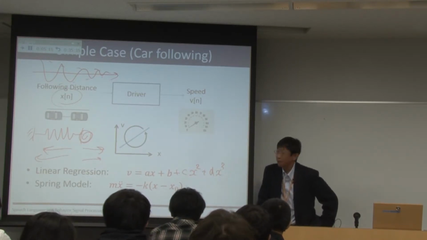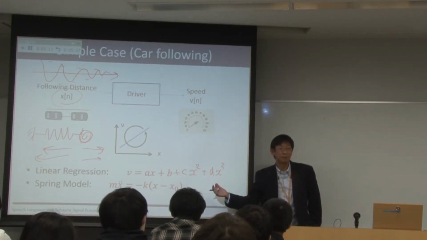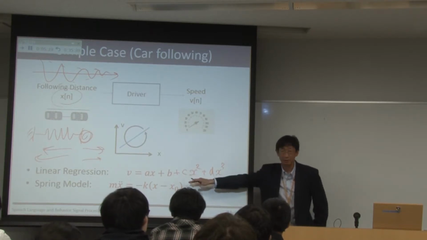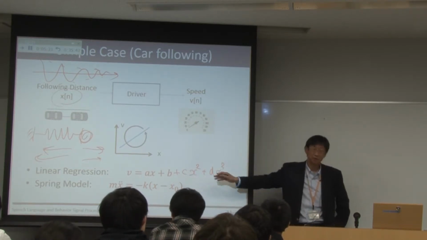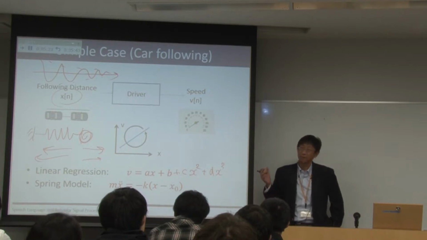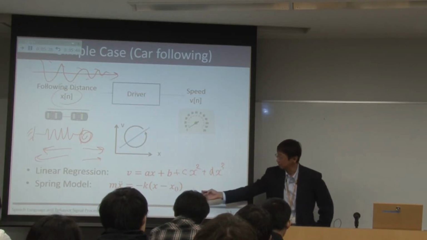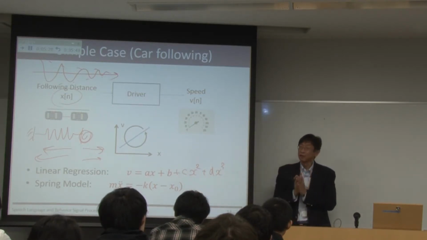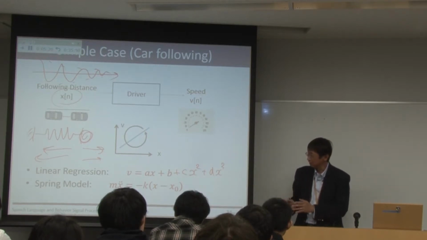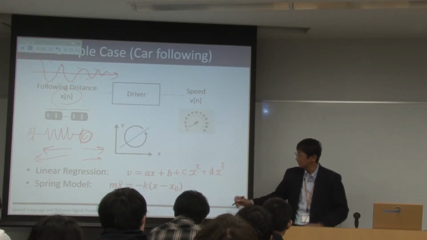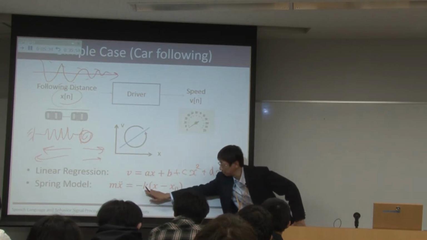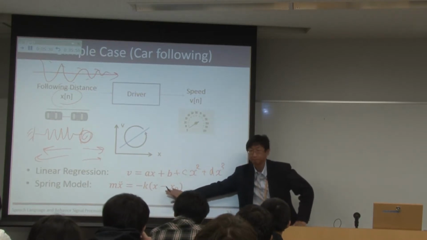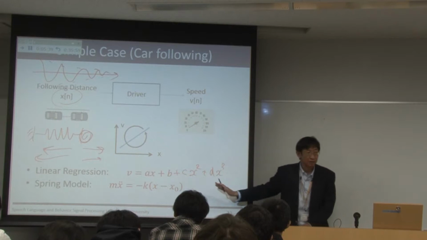Anyway, how can we choose the model? There are two models, and which is better and which is worse? That is a meta problem. If you choose the model, you can fit or decide the optimal parameters like k or x0 or a, b, c.